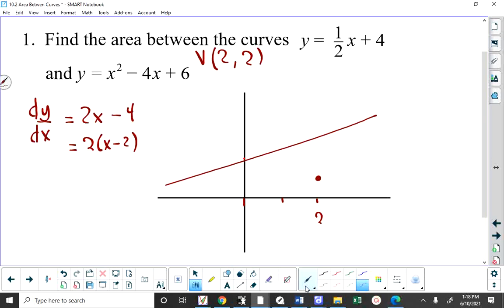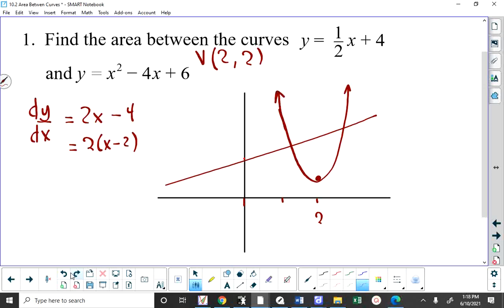This, if you're keeping score, is at 2. Here's 3, 4, and there's 5. So this is up at 5 somewhere. All we've established here, and you don't need a fancy diagram, is that the parabola and the line look something like this.